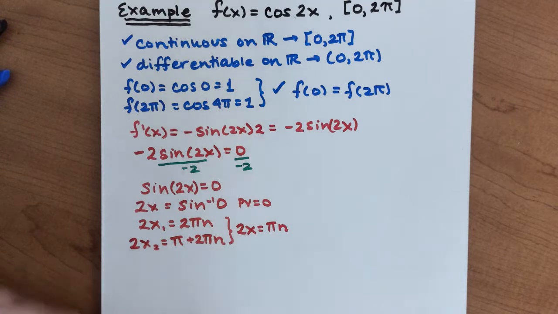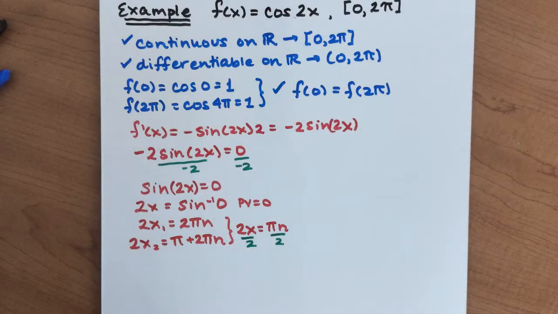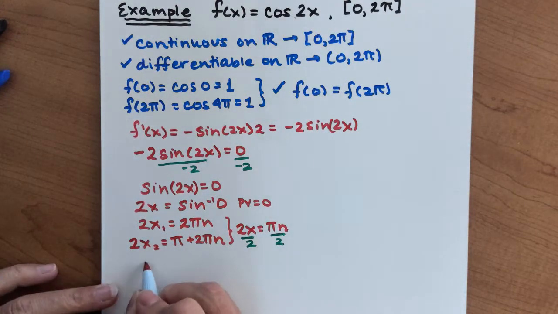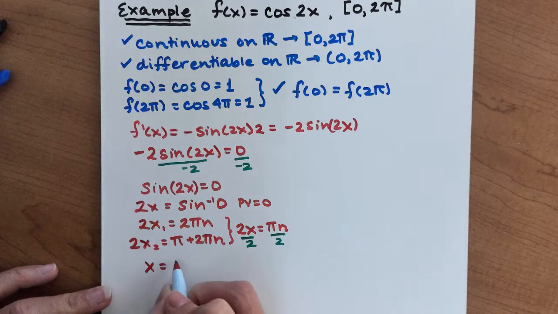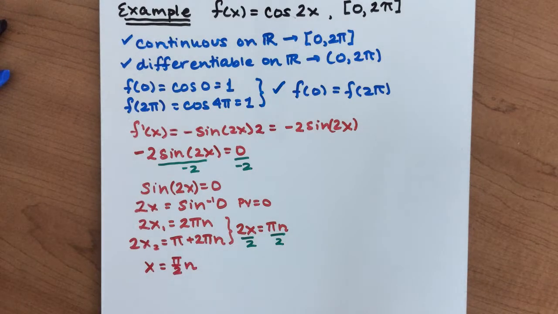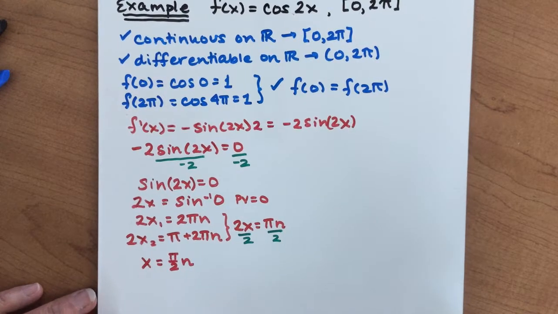I'm going to divide everything by 2 now. And I'm going to get that the derivative is 0 for every multiple of pi over 2. Every integer multiple of pi over 2. So, what are the values that I want?